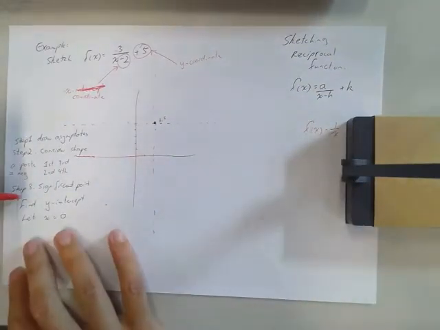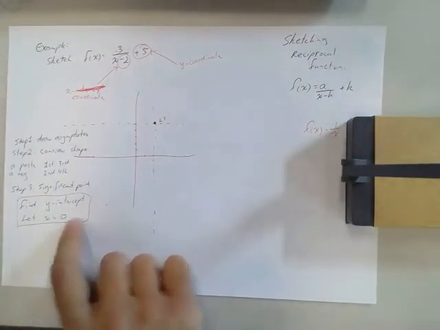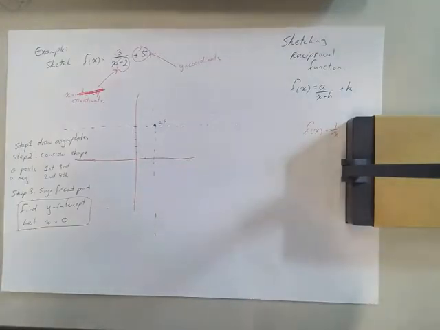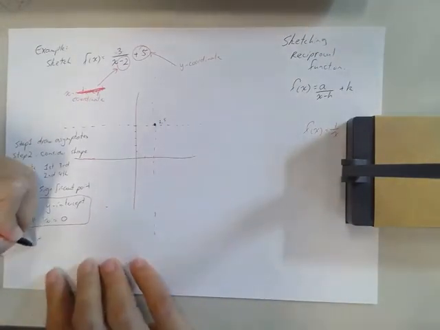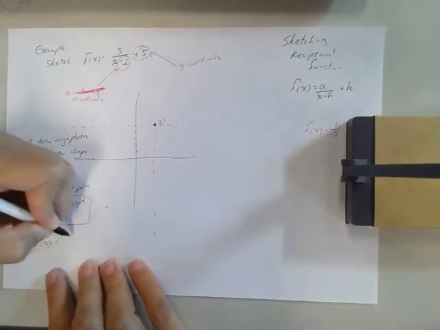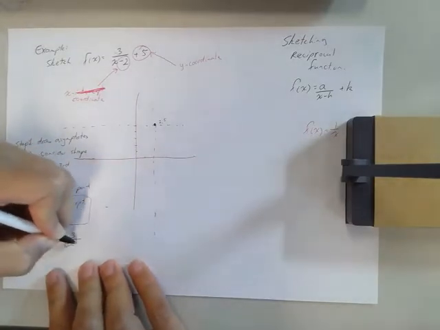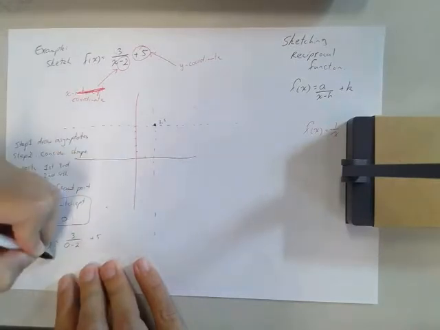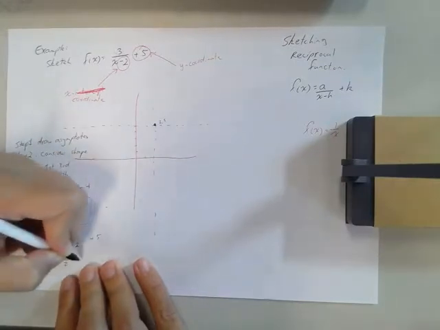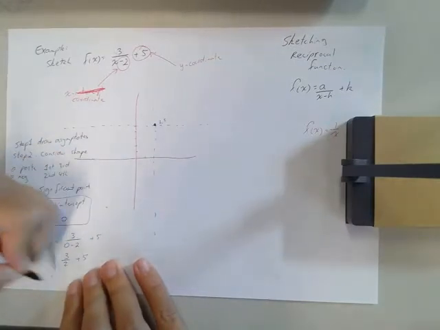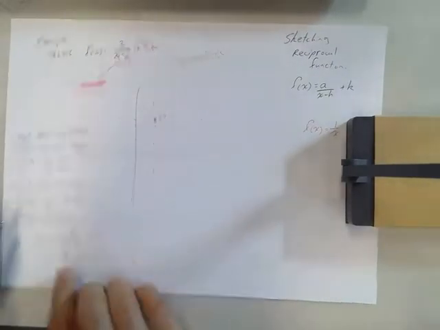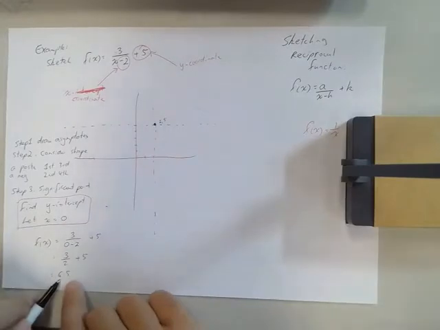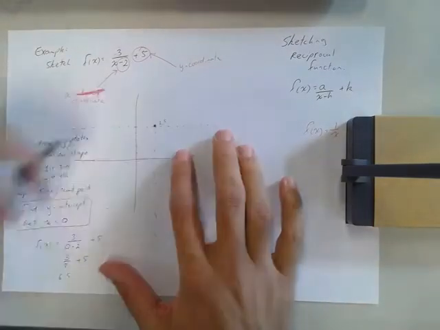A lot of us are not writing this stuff when we do these things, but it's really, really important that you do that. So find the y-intercept, let x equal 0. That means that f of x equals 3 over 0 minus 2, plus 5. That's 3 on 2 plus 5. That ends up being 6.5. Okay, so it's going to have a y-intercept of 6.5.